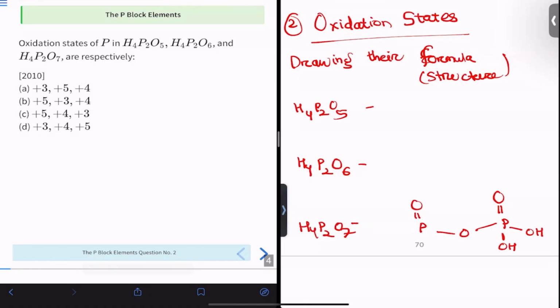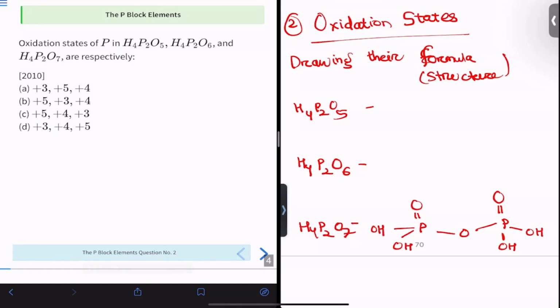A table is given, and below the table, so many structures of these compounds are given. Please draw them again and again so that you will remember the structures exactly as given in NCERT, or else it will be very difficult for you to solve questions like this. So I'll draw H4P2O7. This is the structure, guys.